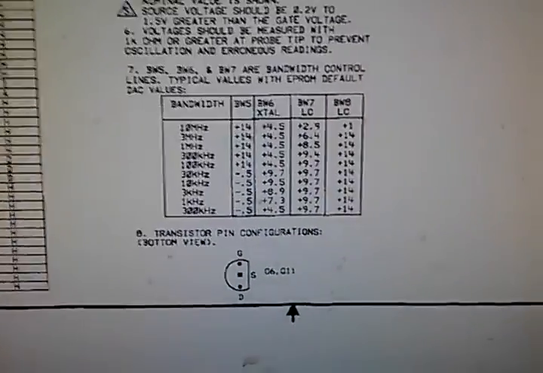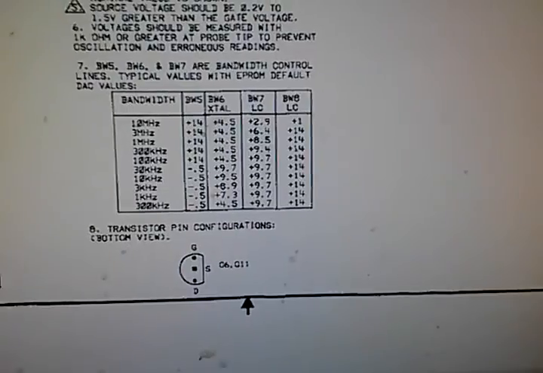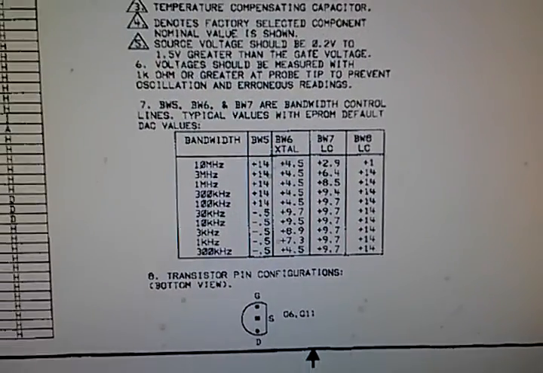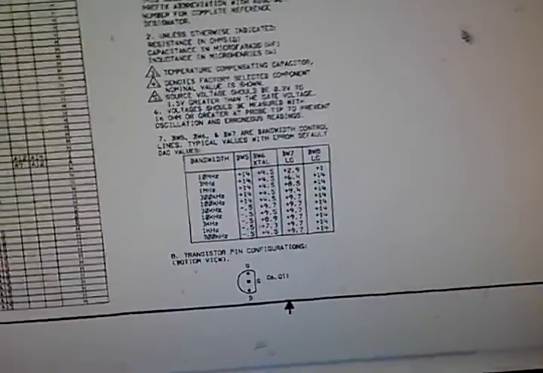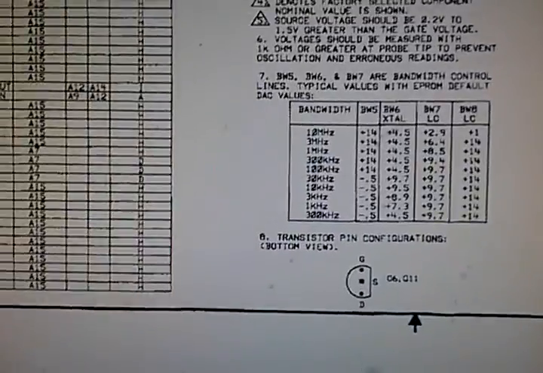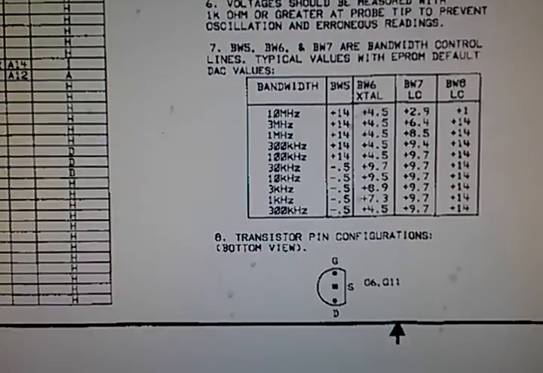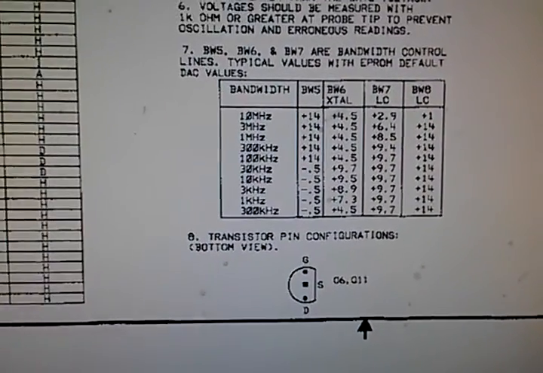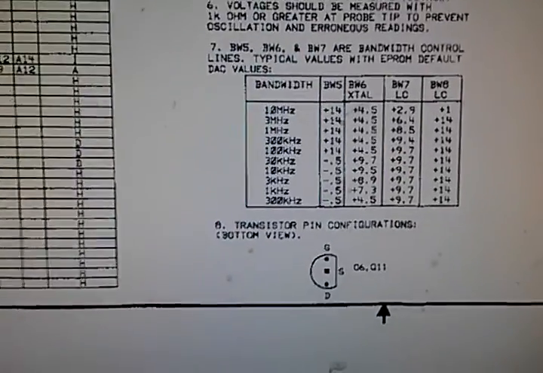Now, either something is wrong with the analog interface, which I really don't think is true. I managed to dig up some other schematics where the other figures are not correct, but the BW5 figures do alternate between 14 and negative 1.2.